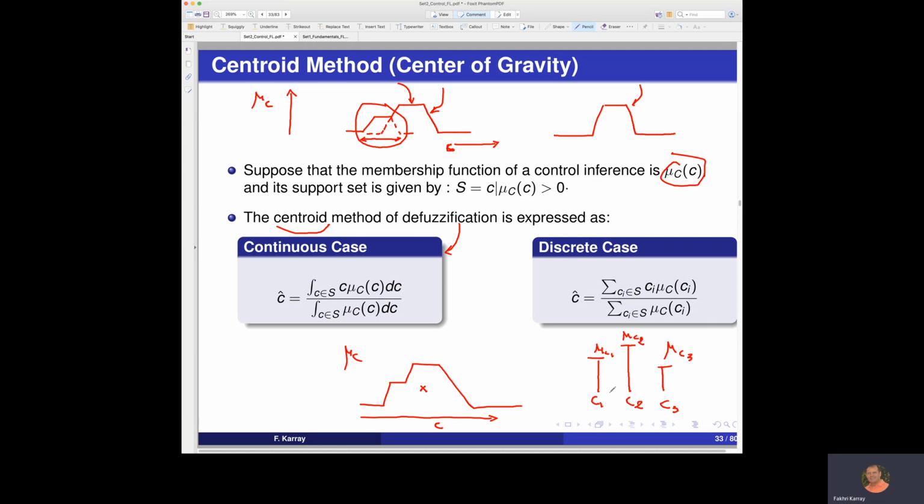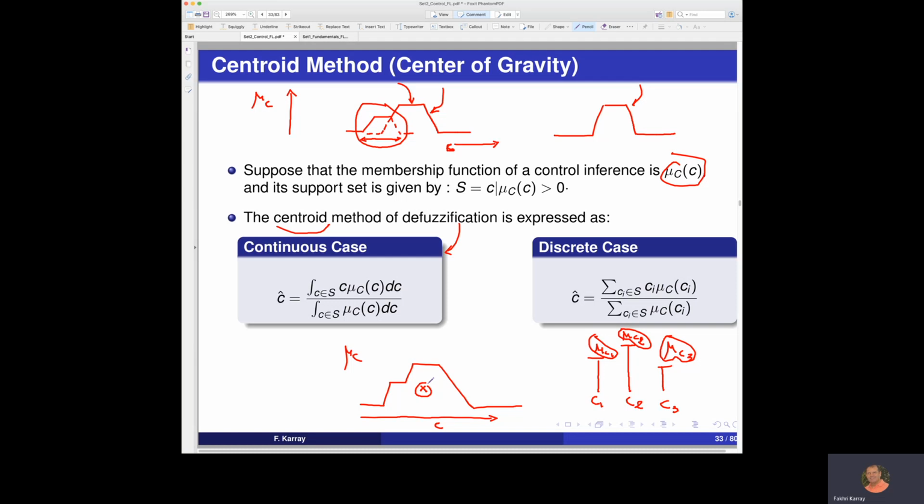And then we add the summation of C2 times mu C2 plus C3 times mu C3, and then we divide it by all the values of mu C1, mu C2, mu C3, which are the component values taken at the maximum value of the membership function. So this is the discrete case, and this is the continuous case for the center of gravity. So this is the centroid method, and it is the more accurate, but it's the more difficult to compute.